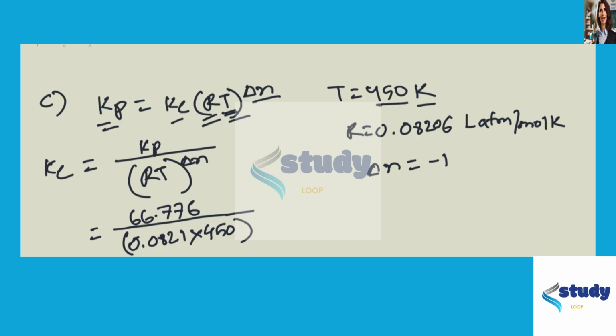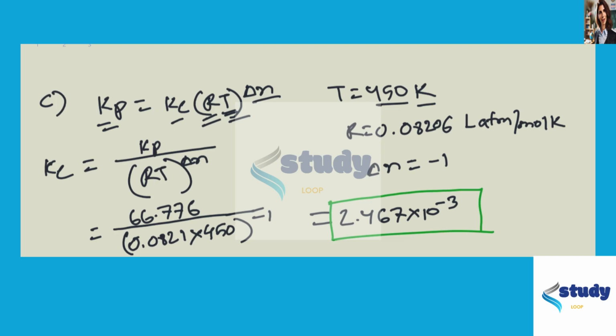We have calculated del N as -1. If we solve this, we get the value of Kc as 2.467 times 10 to the power -3. So this is the value of Kc for the reaction given.